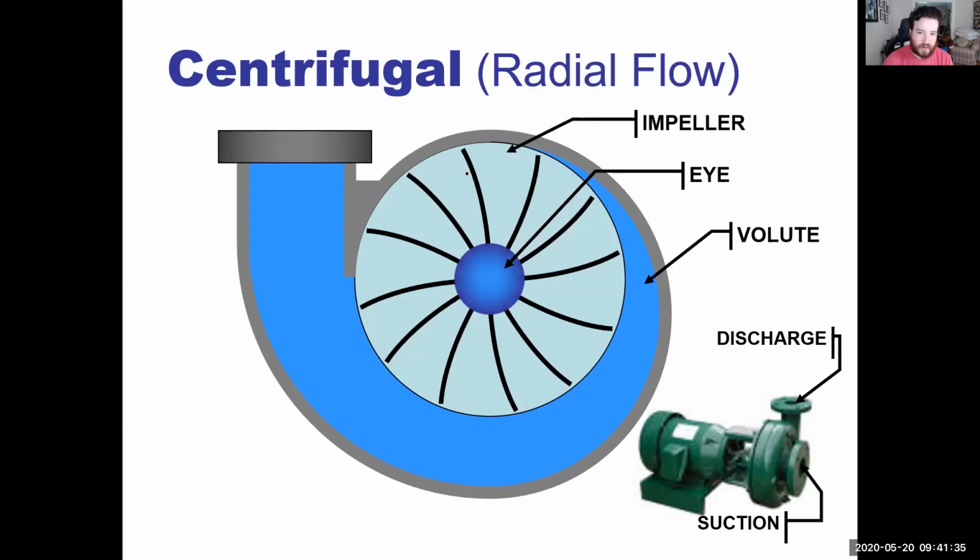All right. Now, the big thing is that we have the impeller, it's spinning in this direction. It's not cupping the water and basically scooping it and moving it that way. It's almost flinging it.